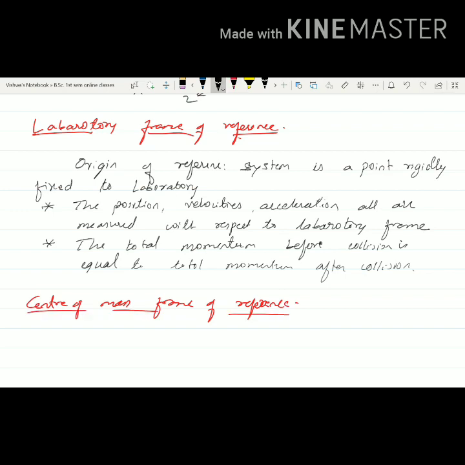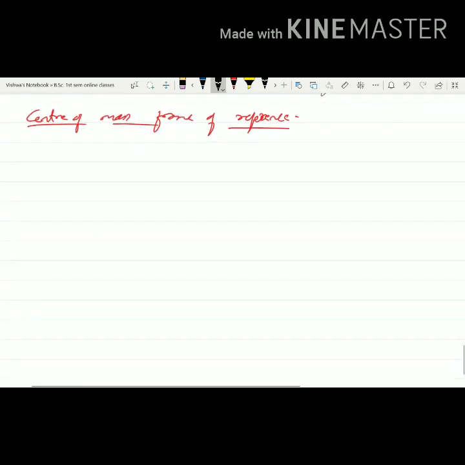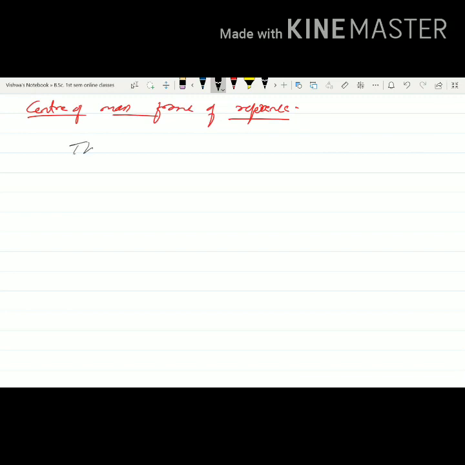Now the center of mass frame of reference. The definition is, the origin of the reference system is attached to the center of mass. Okay, so that is the only difference here. The origin of the reference system is a point rigidly fixed to the center of mass.